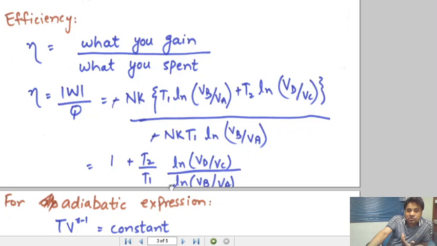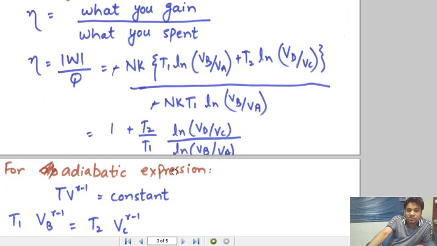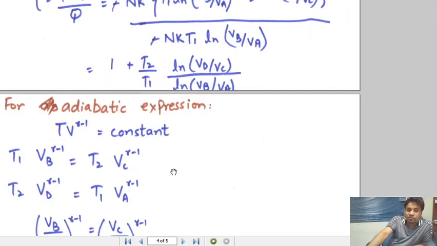So this can be solved further by considering the adiabatic processes. We know that in an adiabatic process, the product of P times V to the power gamma is equal to constant, or you can also write, you also know that the product of T times V to the power gamma minus 1 is equal to constant, where gamma is the ratio of specific heat at constant pressure to the specific heat at constant volume.